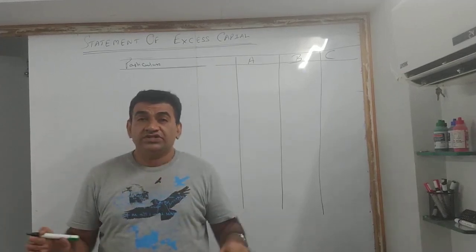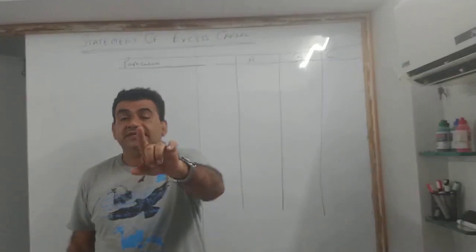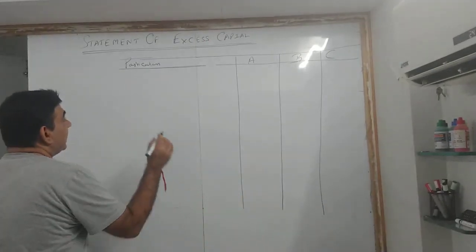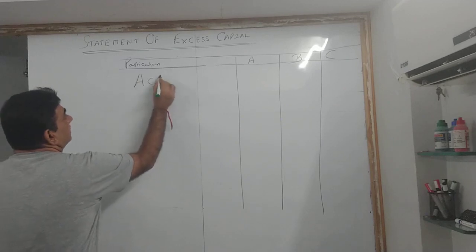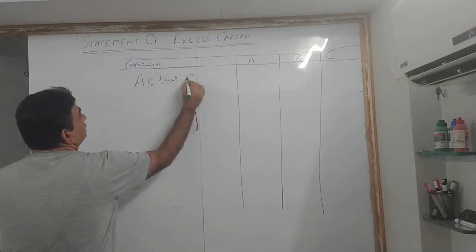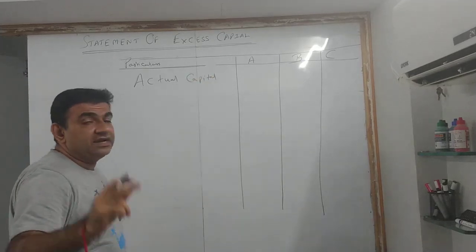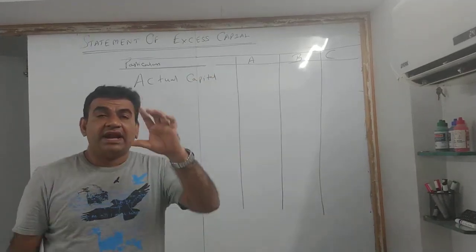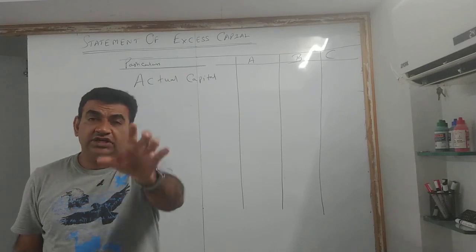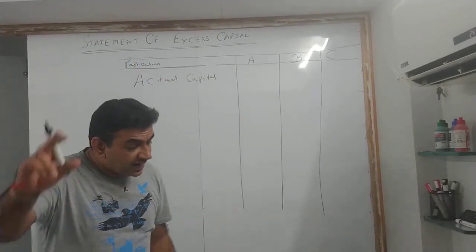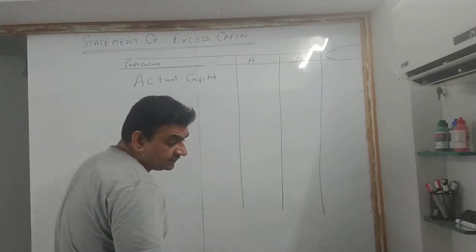So because there are no reserves and no losses, the sum starts with actual capital. So the first step, I am writing it as big as I can: actual capital. Don't worry, after the sum, a close picture of whatever I am writing on the board will come in each lecture. Okay? Actual capital. How much is it?